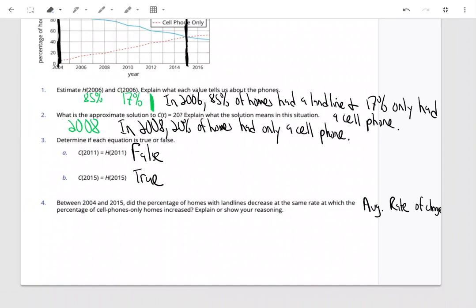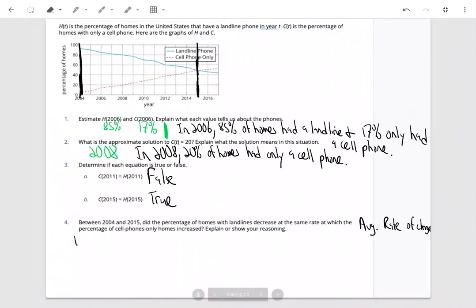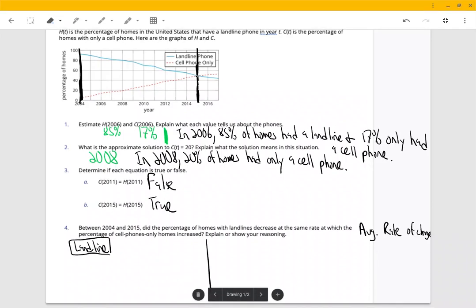Okay. So let's do landlines first. So in 2015, the landline, which is the blue curve, looks like it's at about 50%. And in 2004, it looks like it's between 80 and 100, but slightly closer to 100.